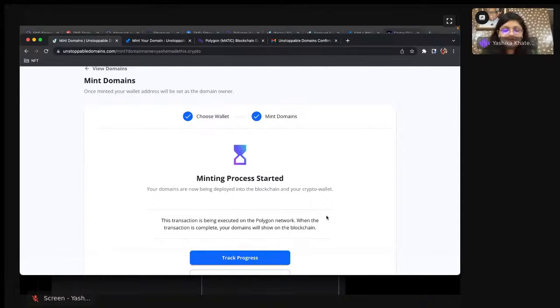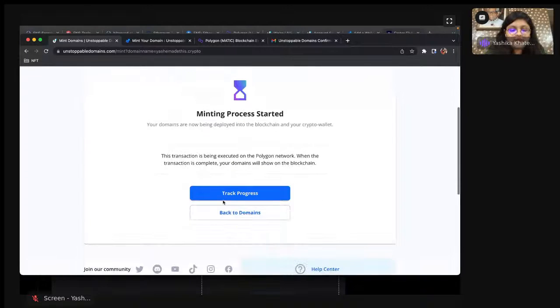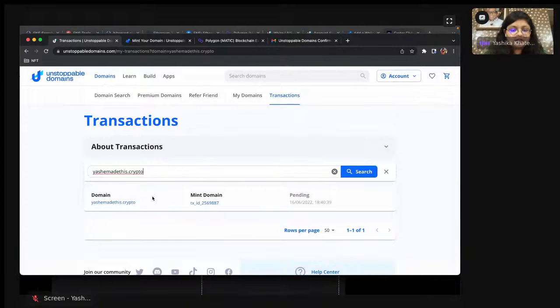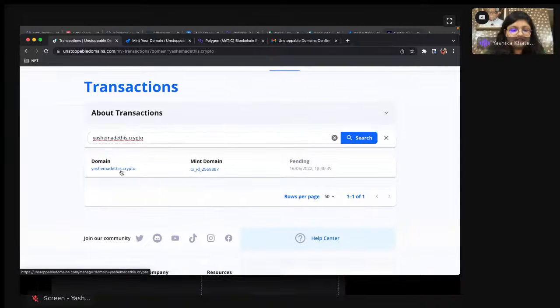After that happens, if I go on OpenSea or anywhere in my wallet, I can see I'll have this domain in the form of an NFT, which means this domain is on the blockchain. If I want to track progress, I can go here, and this is the transaction ID, this is the domain.